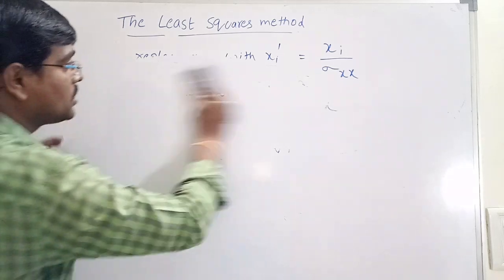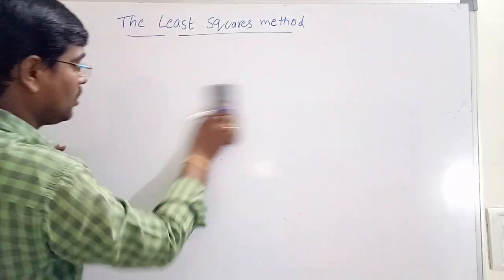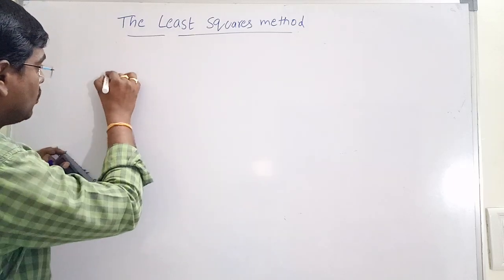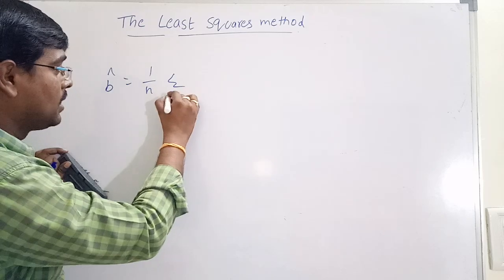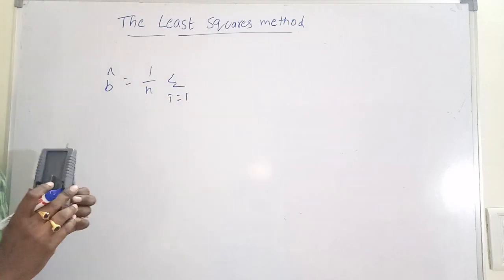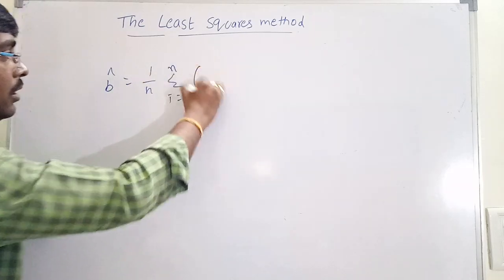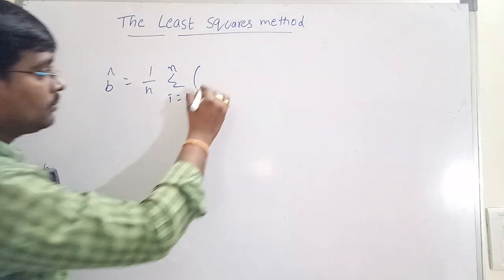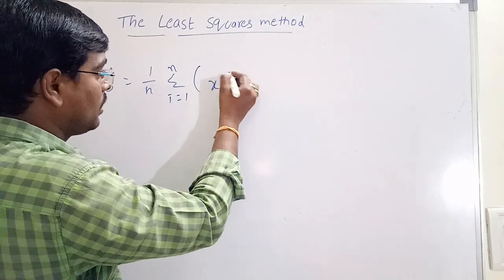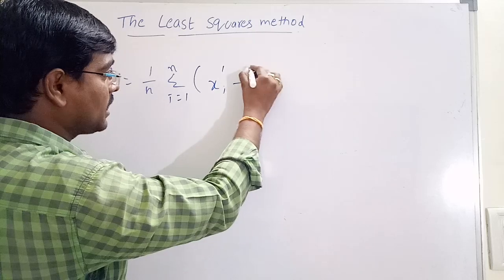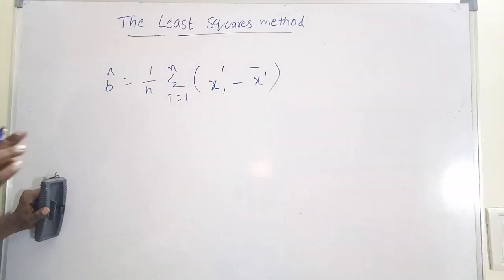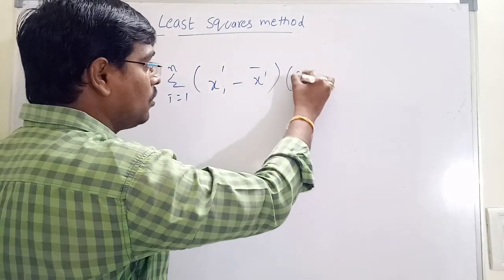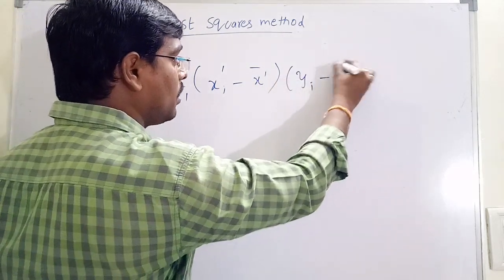Now, what is the regression coefficient? b cap is equal to 1 by n, and I will explain how it comes. 1 by n, sigma i equal to 1 to n, xi dash minus x bar dash, into yi minus y bar.